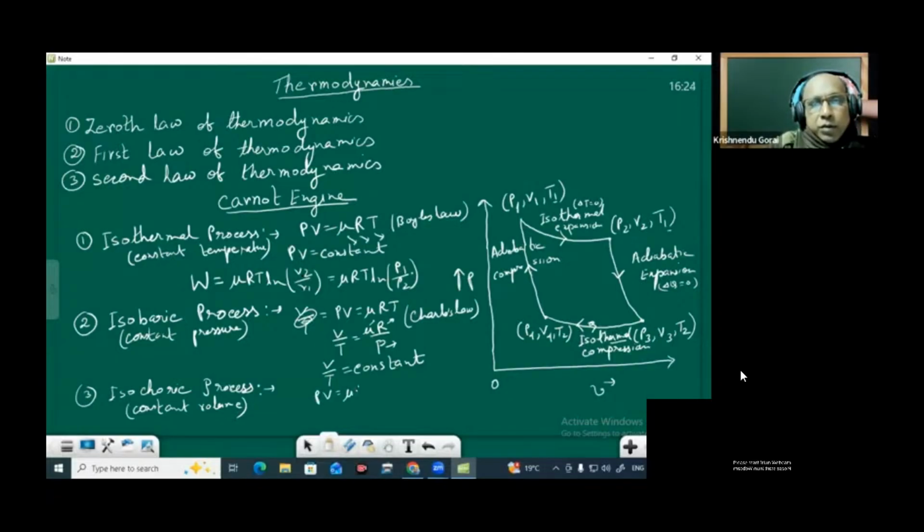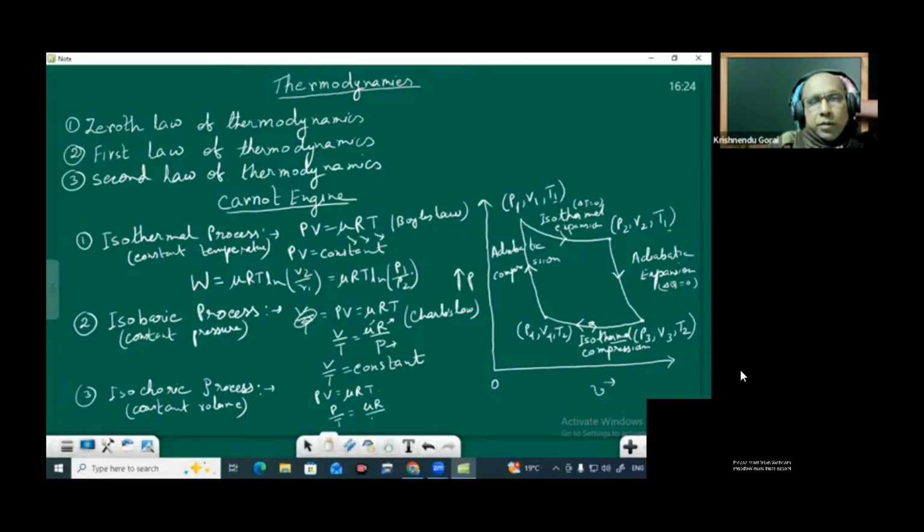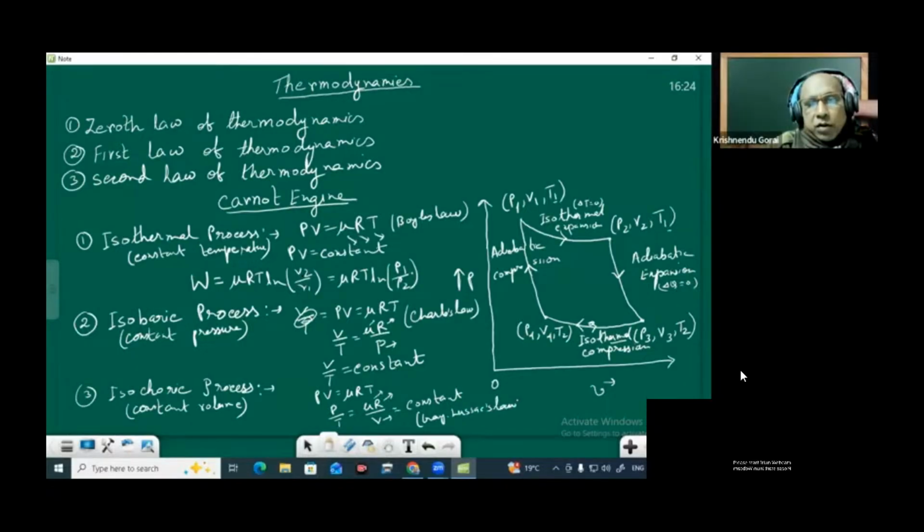Since V is constant, you can write P by T is equal to mu R by V. Mu is constant, R is constant, V is also constant, therefore P by T equal to constant. This equation is known as Gay-Lussac's law. We already told this in the previous class also.